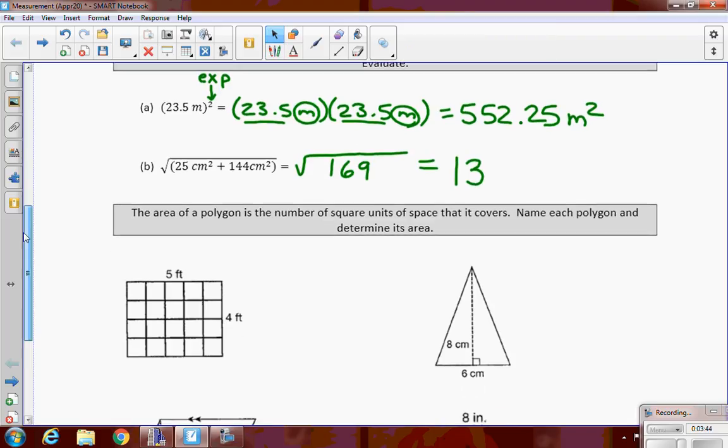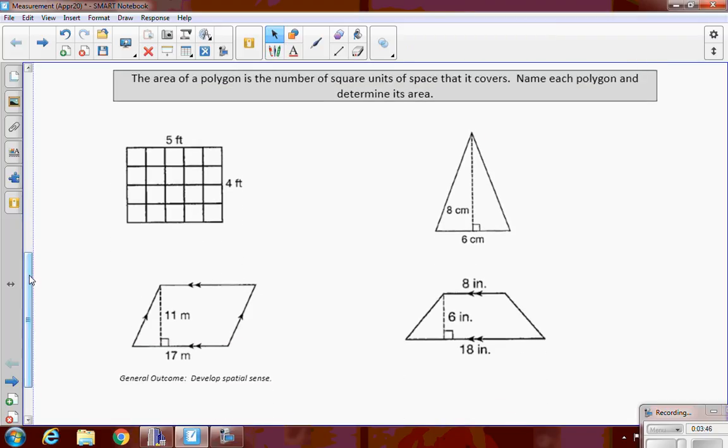The last few examples on this page, you may have had to look up some formulas to help you out here, but it says the area of a polygon is the number of square units of space that it covers. Name each polygon, then determine its area. So first thing, we're going to look at the first shape up here. This is a 5 by 4 polygon, and we should know that this thing is called a rectangle.